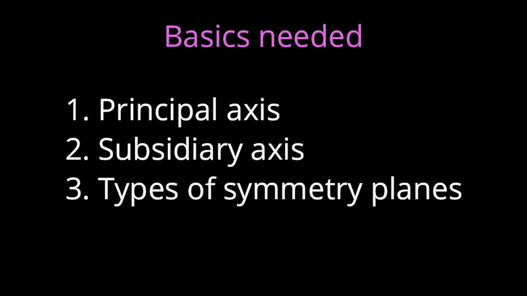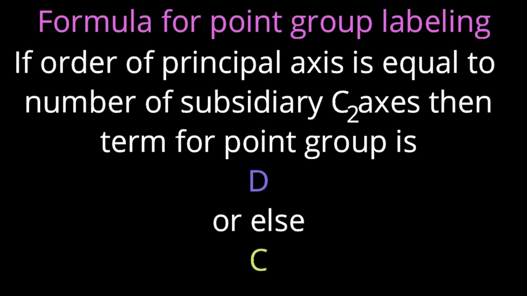Now I tell you one formula. Principal axis has one order, say n is the order. Subsidiary axis, number of subsidiary axis, that may be any number x, y, z or n also may be possible. And planes we label as sigma h means horizontal, sigma v means vertical, sigma d means dihedral.